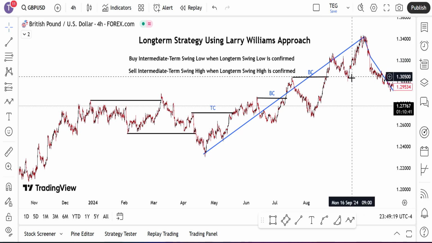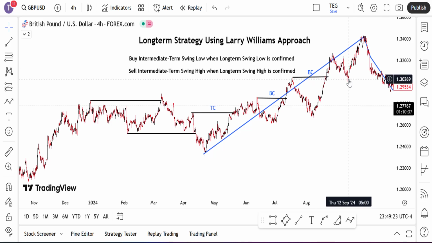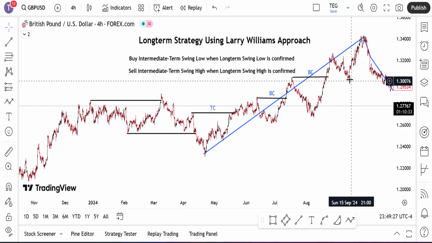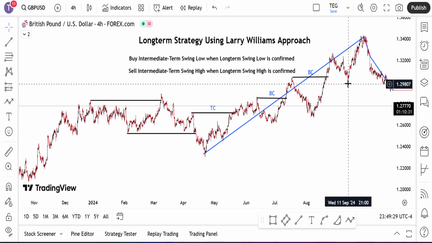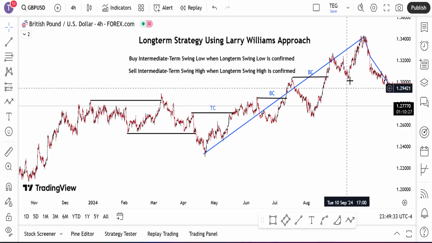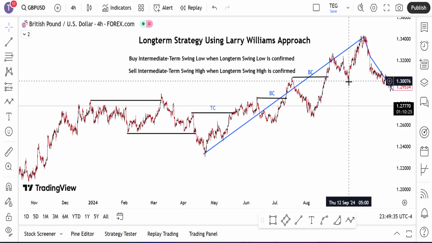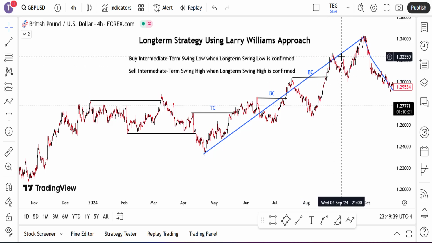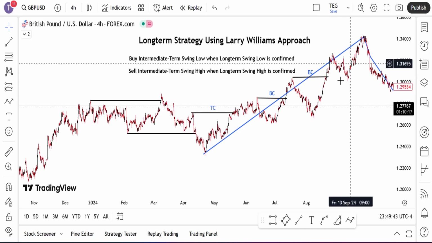Price creates another intermittent swing low, but it could not retrace into this leg. Do you see what I'm saying? So if it could not retrace into this leg, know that maybe our intermittent swing highs, price is going to create a reversal from the intermittent swing high to the low.